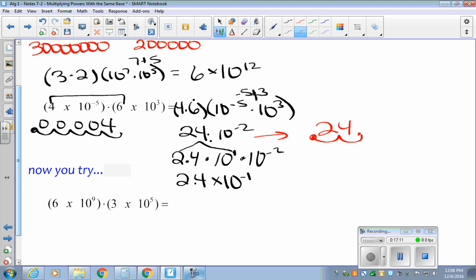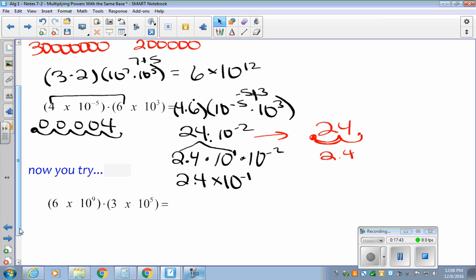So 24 times 10 to the negative 2 is 0.24. We move that decimal 2 places. So what scientific notation says is I need the decimal right here. So I need it to be 2.4. I've got to move it back one to get 2.4. I'm just explaining it's negative.